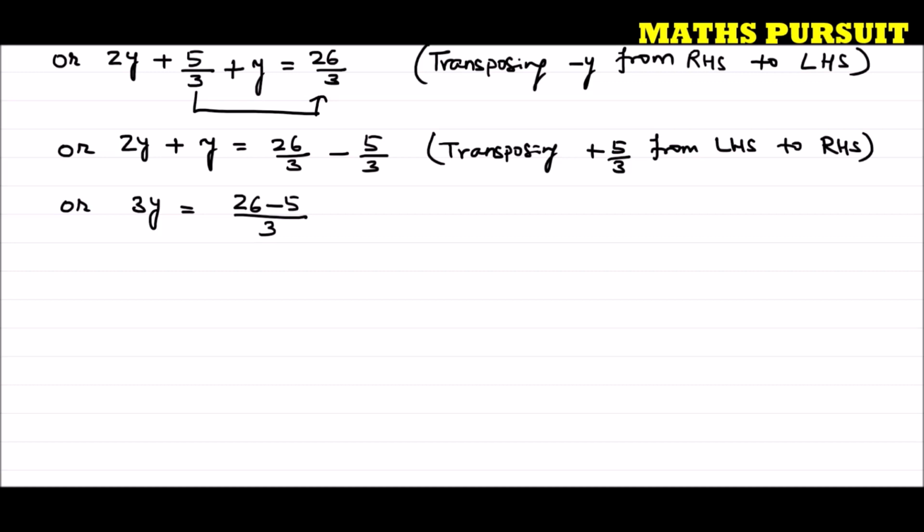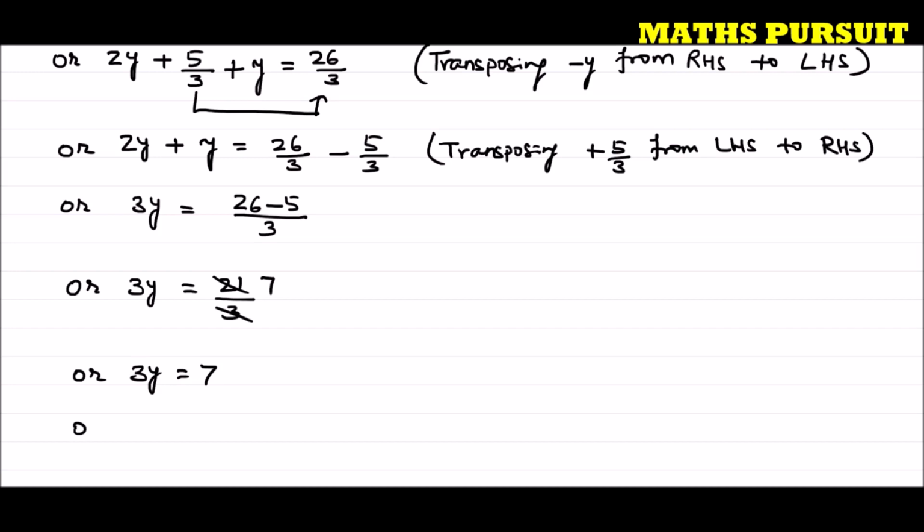Or I can write 3y is equal to 21 divided by 3, or 3y is equal to 7. How 7? 3 sevens are 21. So what we got? We got 3y is equal to 7.